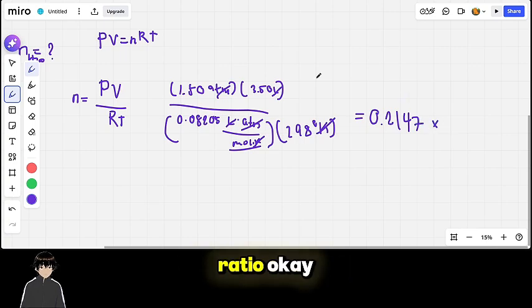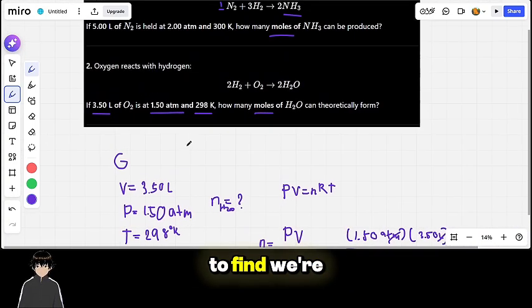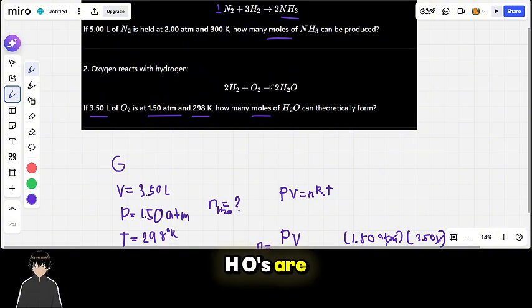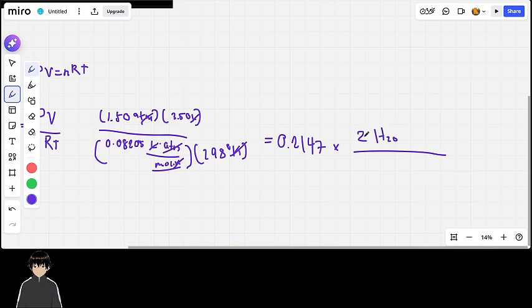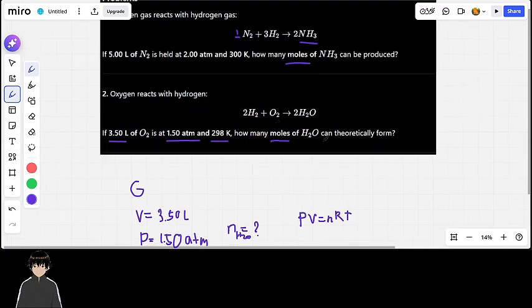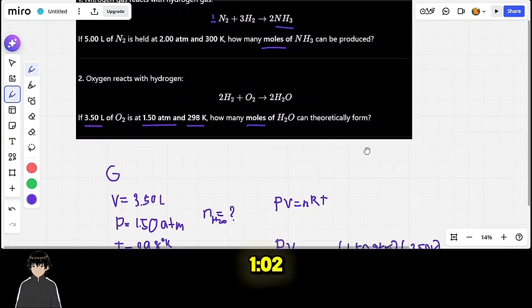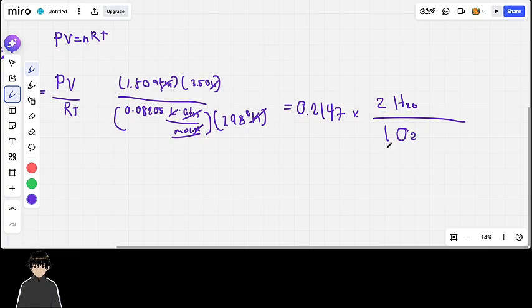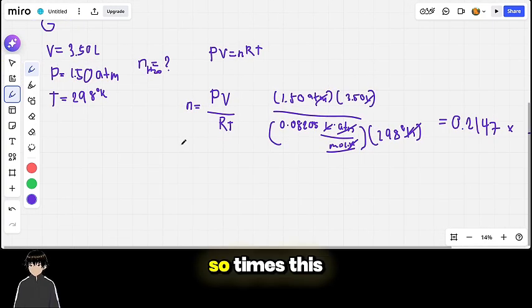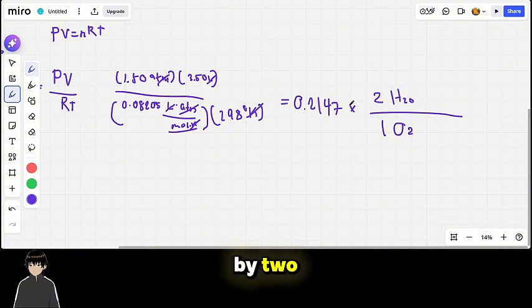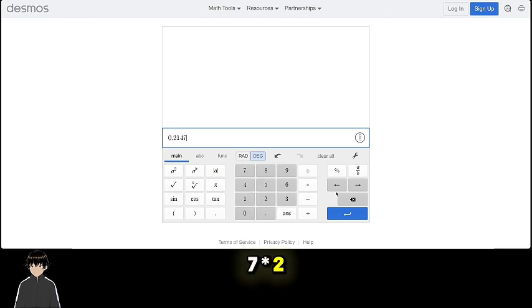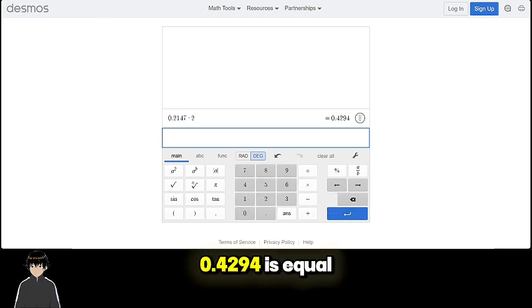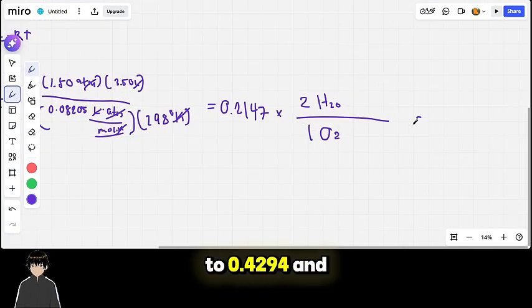Times the molar ratio. Okay, so we're trying to find H2O. So how many H2Os are here? 2 H2O, and then one O2. So times this by 2. So 0.2147 times 2 is 0.4294.